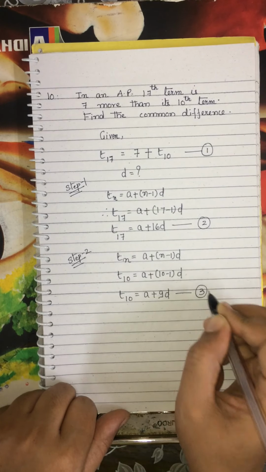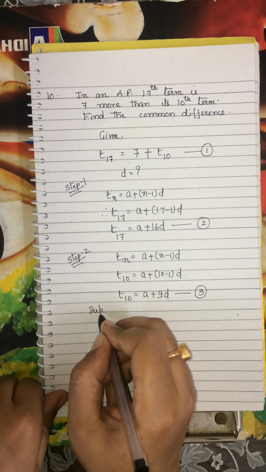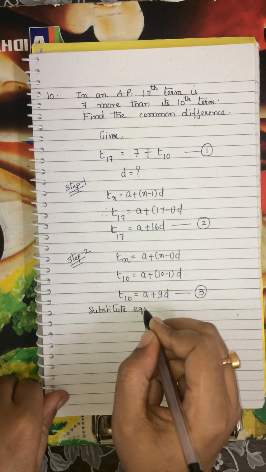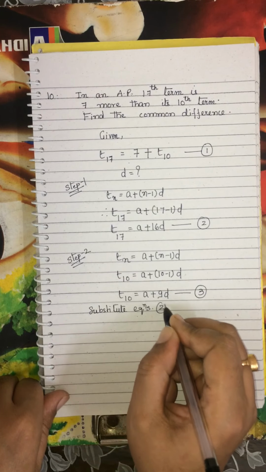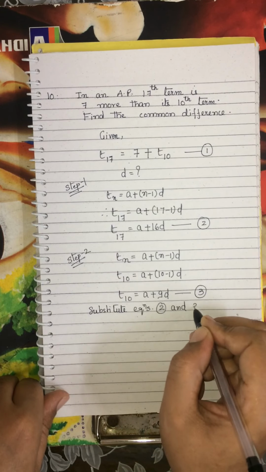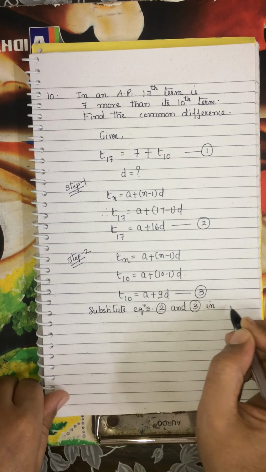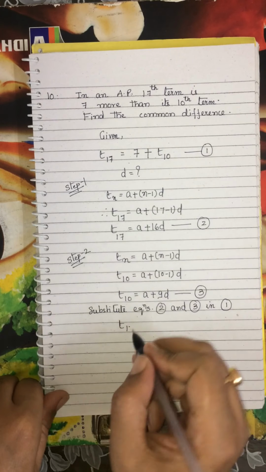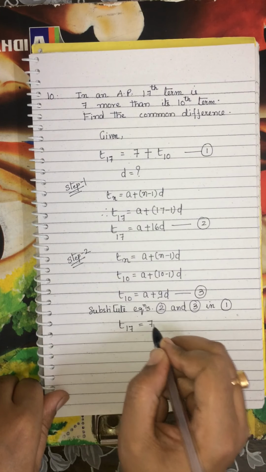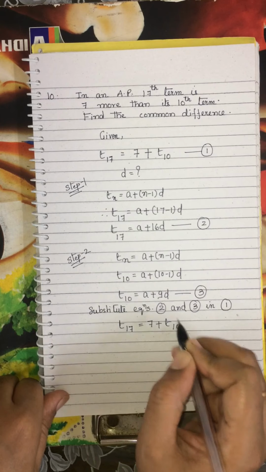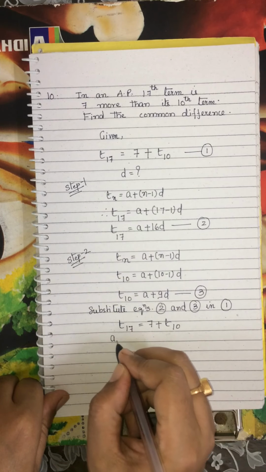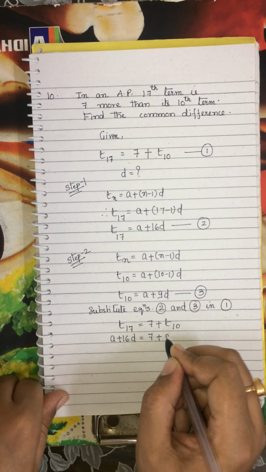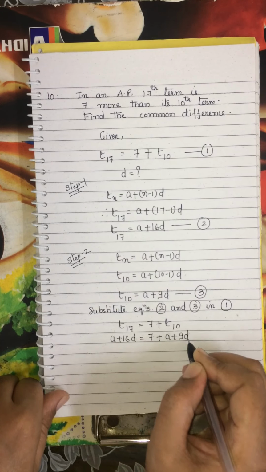So children, let us substitute equations 2 and 3 in 1. So what do we get? T17 is 7 plus T10. The value of T17, A plus 16D, is equal to 7 plus A plus 9D.